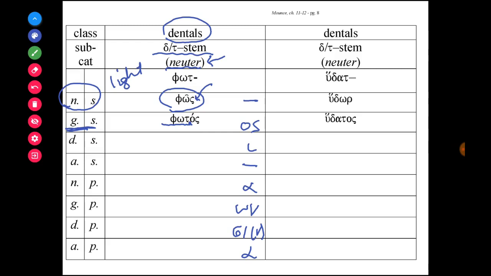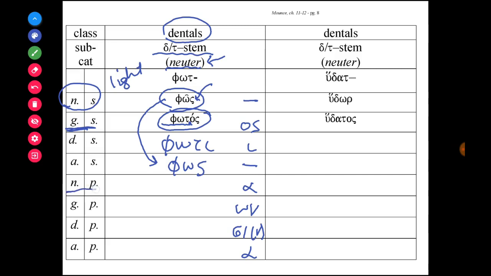But for the rest of the forms, when we add the neuter case endings, the form of the noun will be something that we should expect. So add os to the stem phot, and you get photos for the genitive singular, photi for the dative singular, and because the nominative and accusative forms are the same for the neuter nouns, we have phos for the accusative singular.